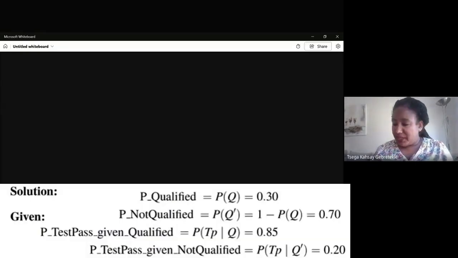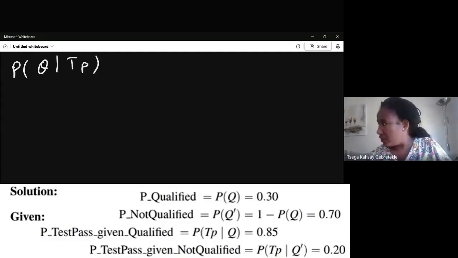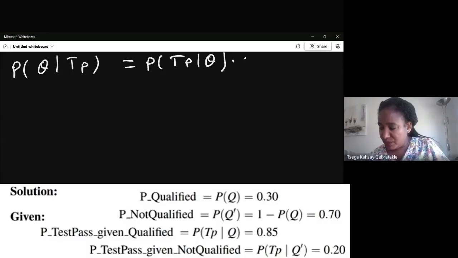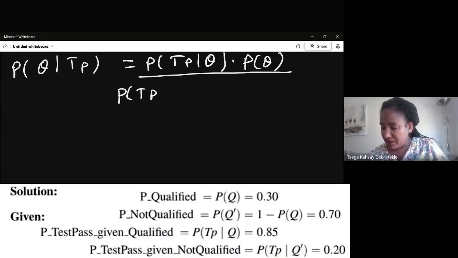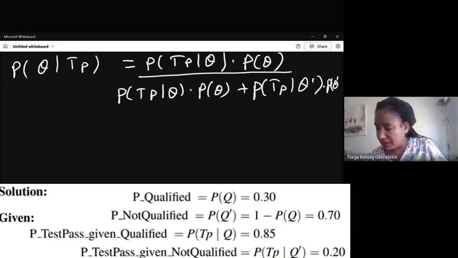this. For example 3, we are asked to calculate probability of Q given test positive. That is calculated as probability of test positive given qualified times probability of qualified, divided by probability of test positive given qualified times probability of qualified plus probability of test positive given not qualified times probability of not qualified.